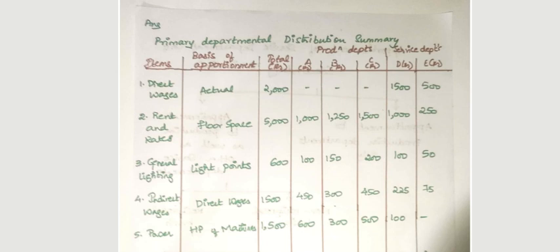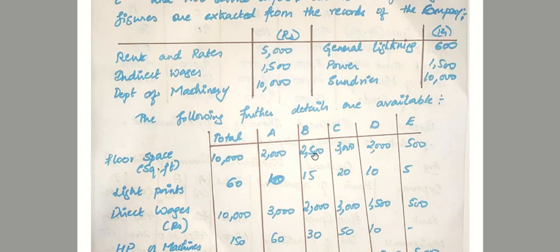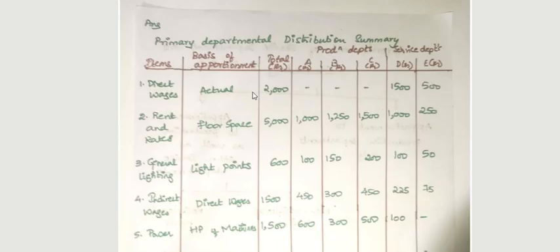How did we get this 2000? Your direct wages tell us that service department D is 1500 and E is 500. So the total of it is 2000. So 1500 and 500, which you will apportion only to the service departments.